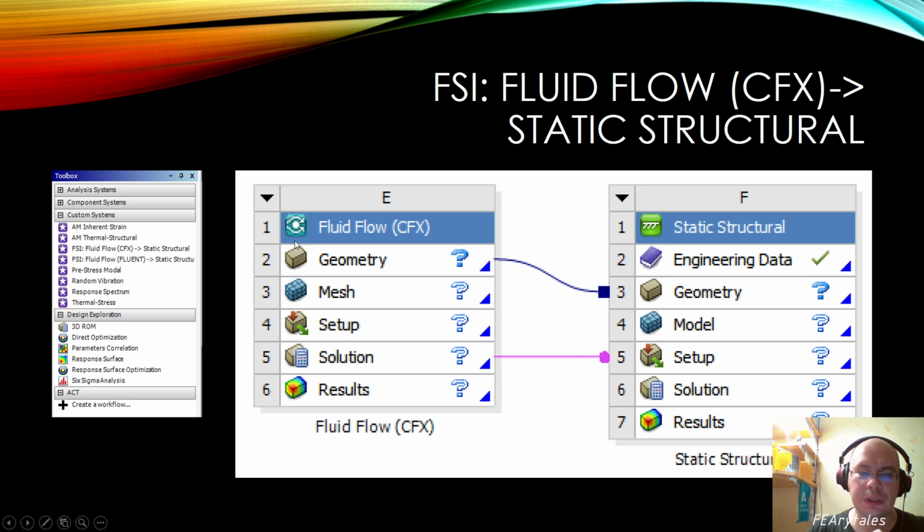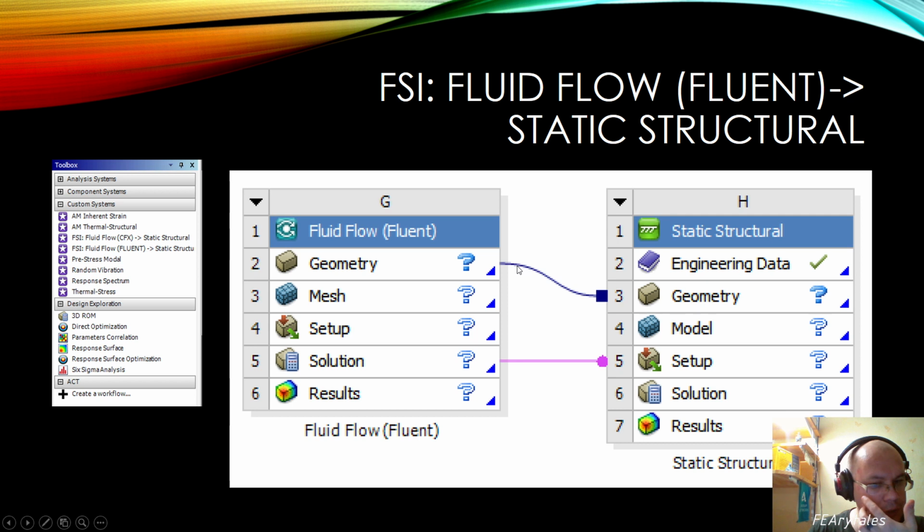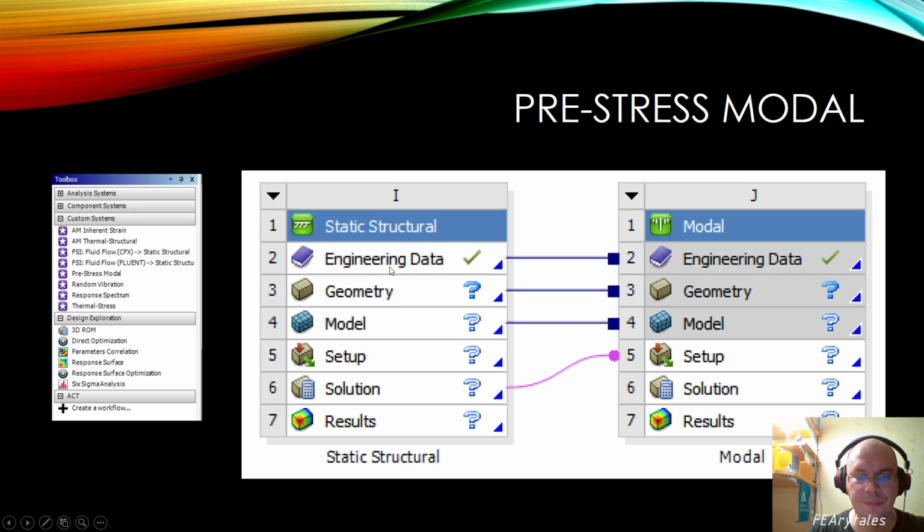We need to use one geometry, but we can suppress different parts of the geometry for the fluid flow and for the structural task. We have two different objects, FSI CFX and FSI Fluent, which differ only in the solvers used for creating the CFD analysis.